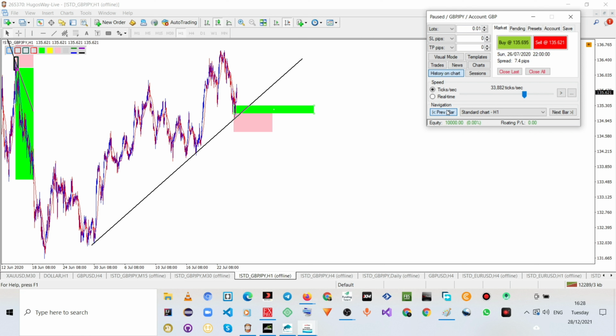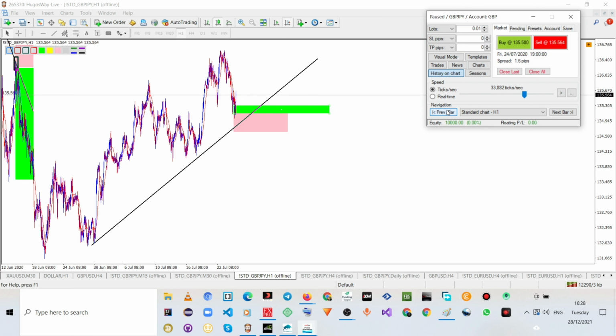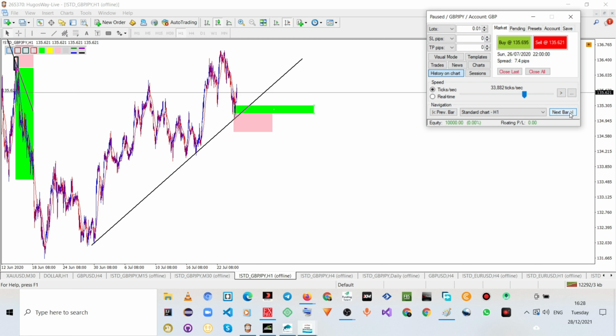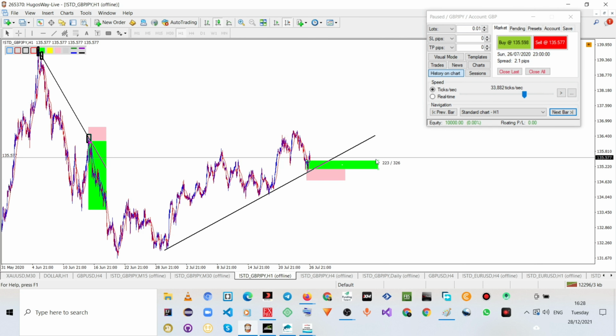So you can either execute the trade right here by a market execution, or by a limit order. In this case a buy limit would be more useful, so that you can catch the trade really early. So our take profit will be right there.